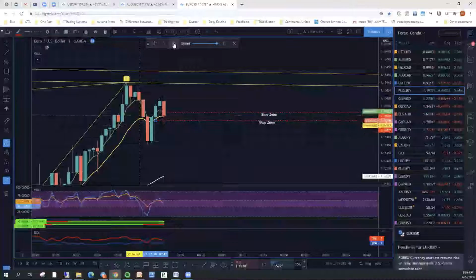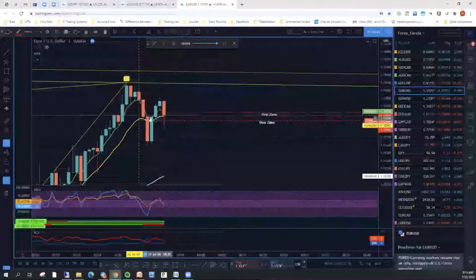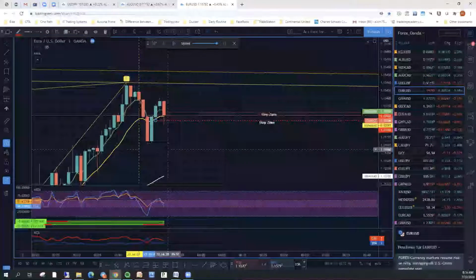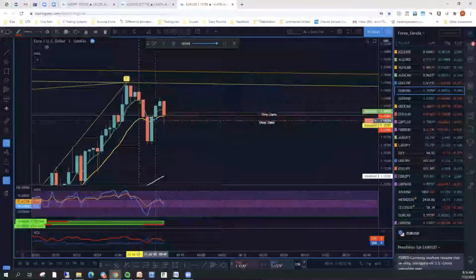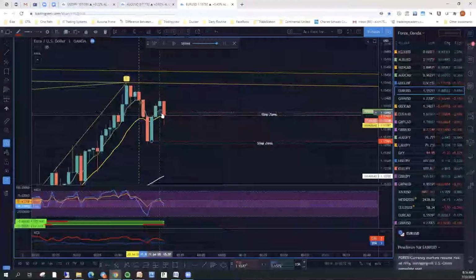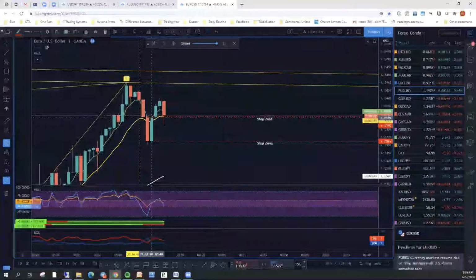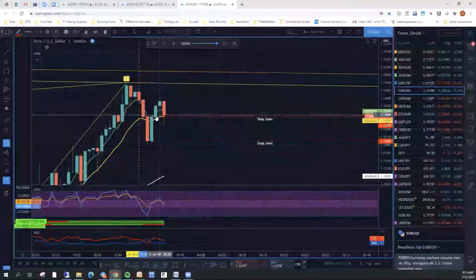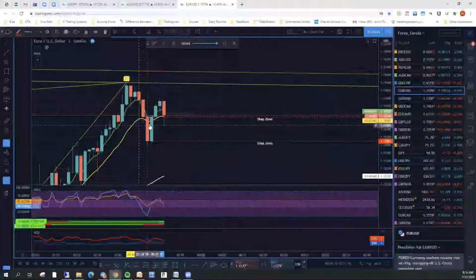Next candle. Well, took it out. So right now, we have nothing. So now becomes the previous low. This was still broken. I'll take that over here. This is just a test of this whole zone here.